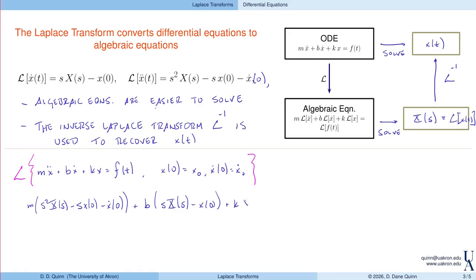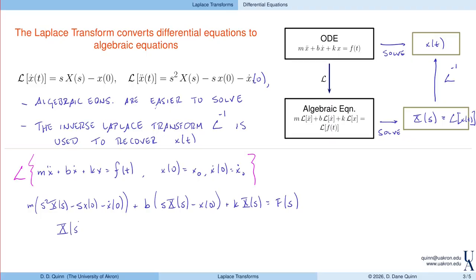Then we just have k x equals the Laplace transform of f of t, which we'll define as f of s. So notice that this is now an algebraic equation in terms of x of s. So we can solve.